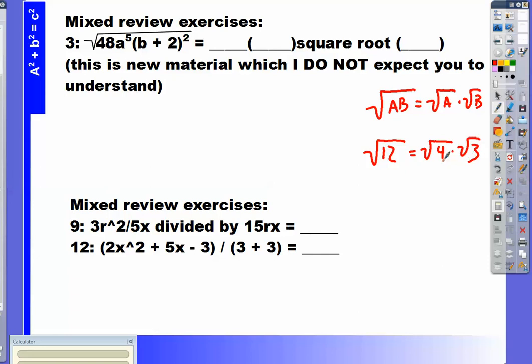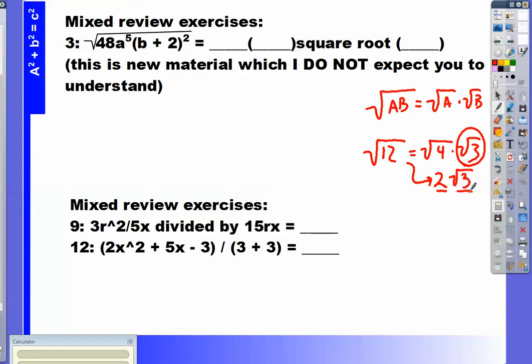Now, what is the square root of 4? Well, the square root of 4 is 2, but I don't know what the square root of 3 is. There's no easy way, so it's kind of stuck. And then there are no other factors because it's a prime number. So the square root of 12 is equal to 2 times the square root of 3.